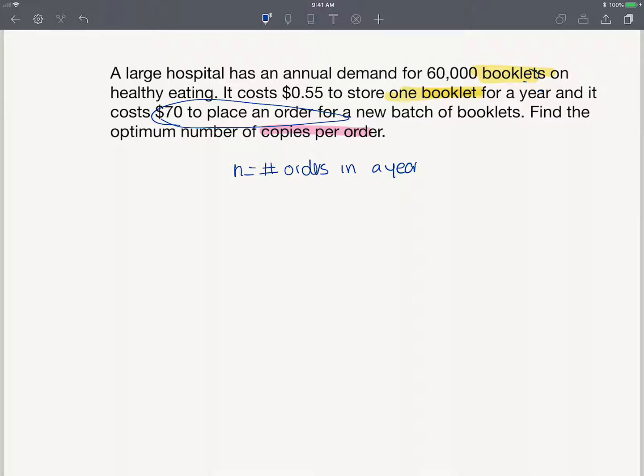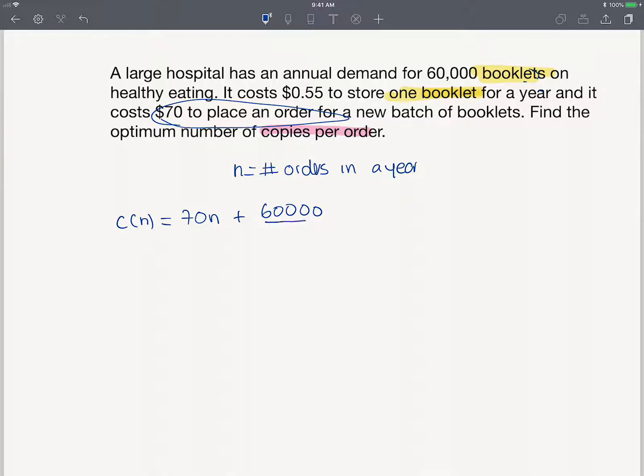So I can do that by saying the cost, if you have n orders, is going to be, well, $70 per order. So 70 times n, that's the easy part, right? Now the problem is, how many books per order? Well, you don't really know. You know you're going to have a total of 60,000 in a year.